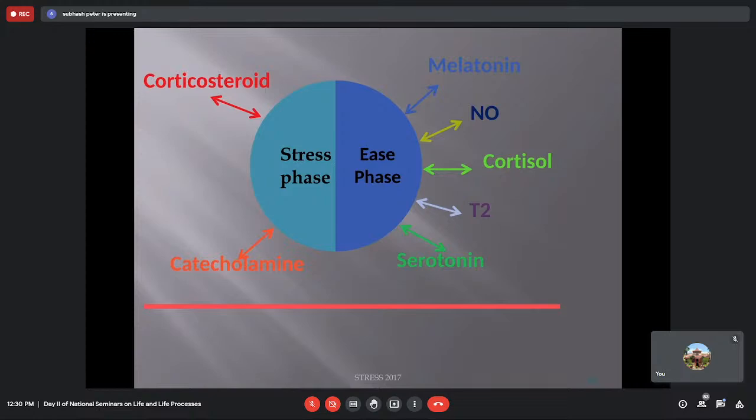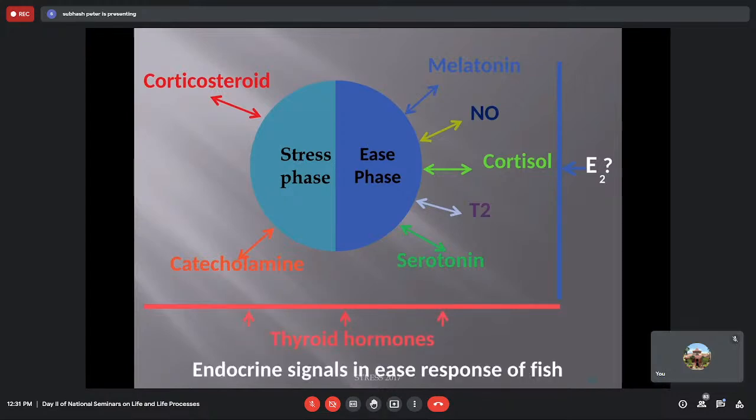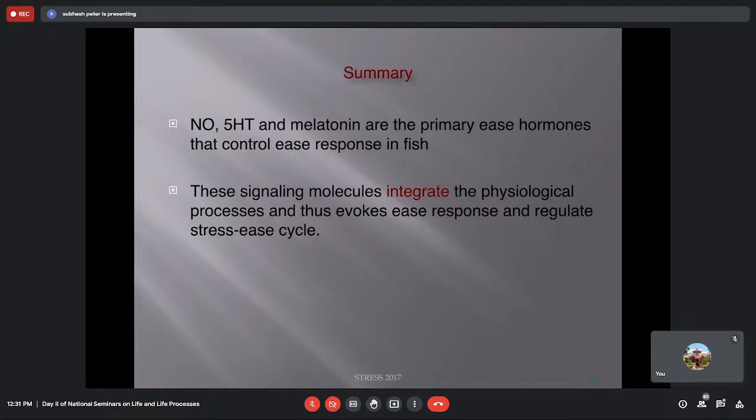We have also gathered evidence for T2, a metabolite of thyroid hormone, having an influence on the ease phase, together with E2, estrogen. So this is the hormonal status where the entire system of integration happens. There's a lot of crosstalk between these hormonal receptors.